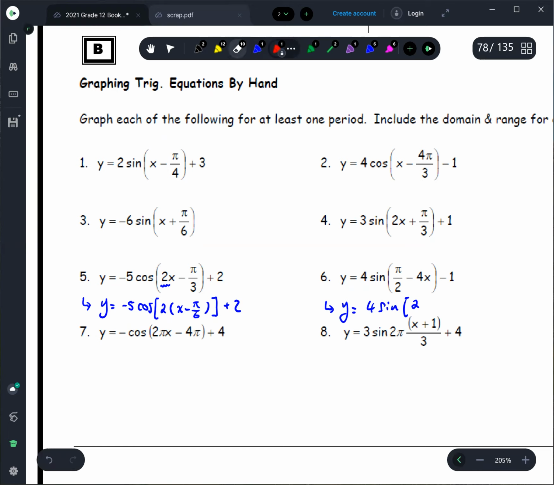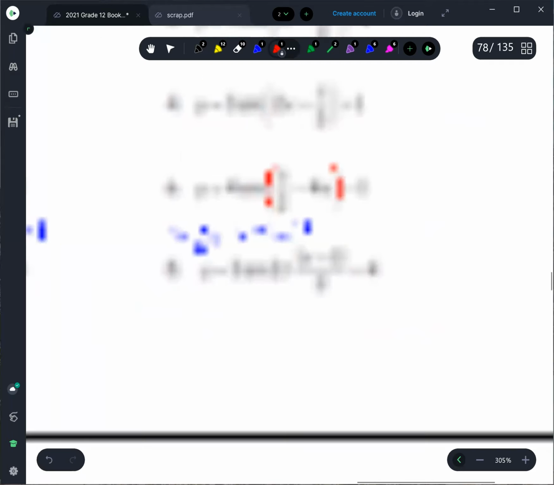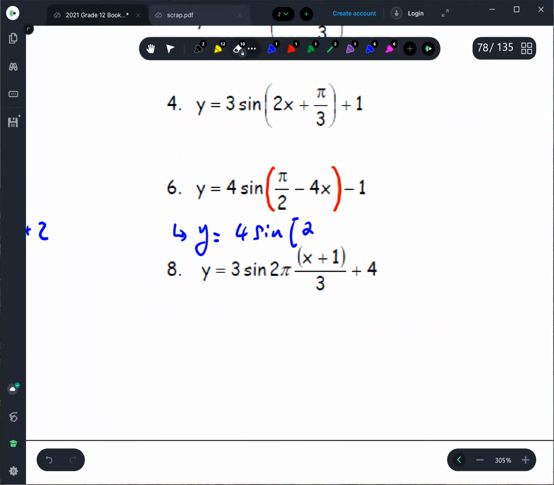Okay, if you look inside the bracket, what's weird about the thing inside this red bracket right now? The pi and the x position, they're switched. Yeah, usually we should have x in the front, and then the number at the back. So your first step, you should switch them around first. So how do you swap them?